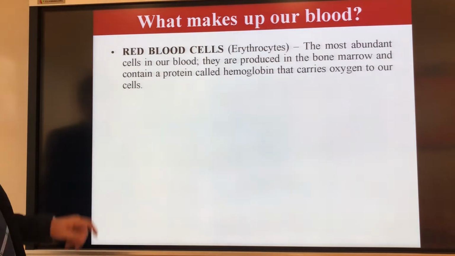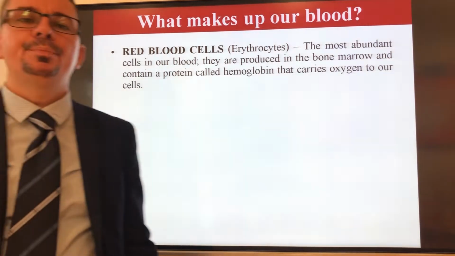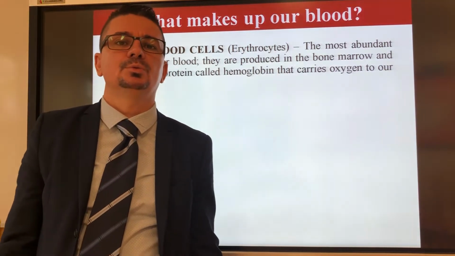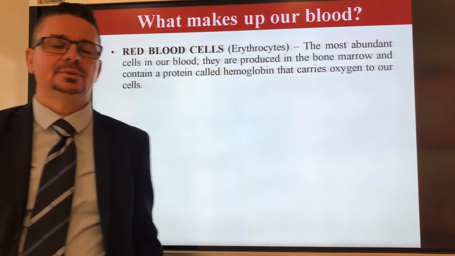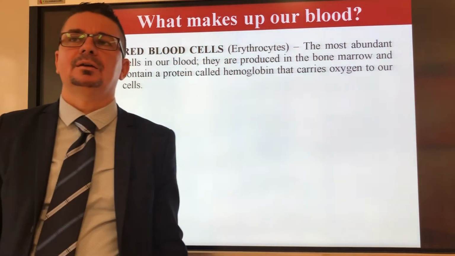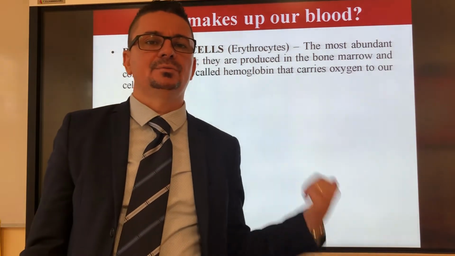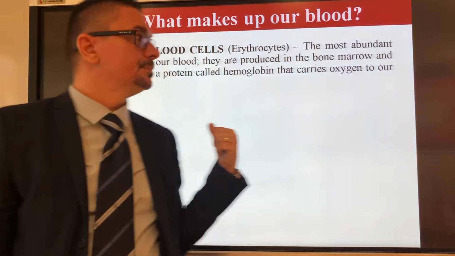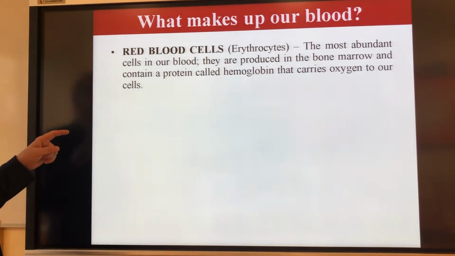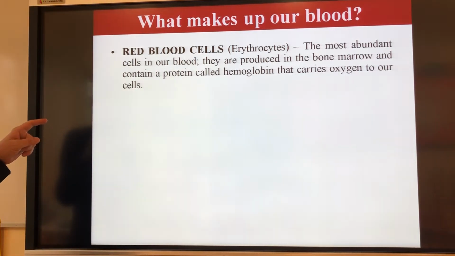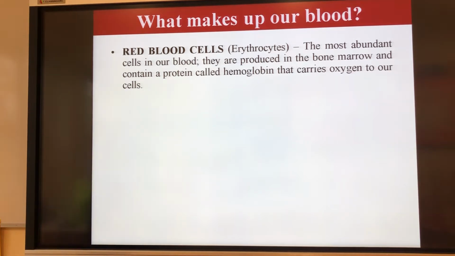So, what makes up our blood? Please open your exercise books now, write the date, which can be the date of that Monday when you start all this. So, the title is blood. What makes up our blood? Red blood cells, erythrocytes, that's the scientific name.